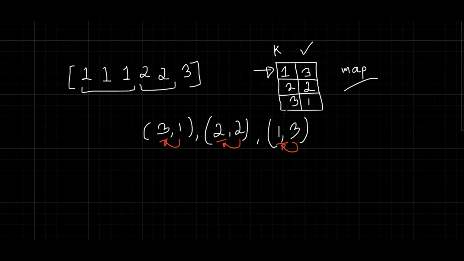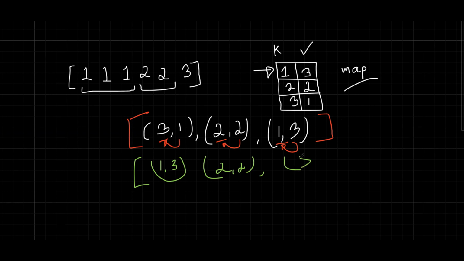in the input array. Now, if we sort this vector of pairs, the vector of pairs will become 1, 3, 2, 2, and 3, 1. So this is the result after sorting.